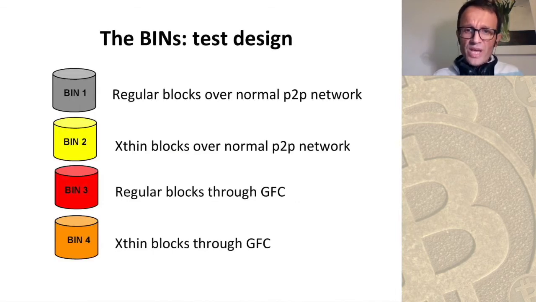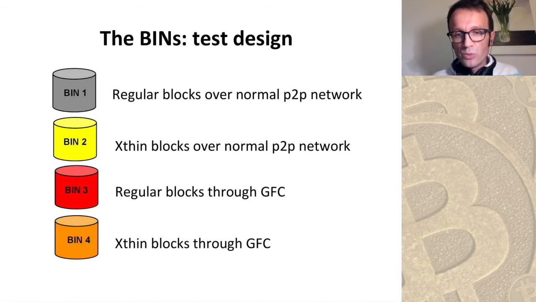So we have divided the data about the blocks we collected into 4 bins. Bin 1 was related to regular blocks over the normal P2P network. Bin 2 was related to Xthin blocks over the normal P2P network.